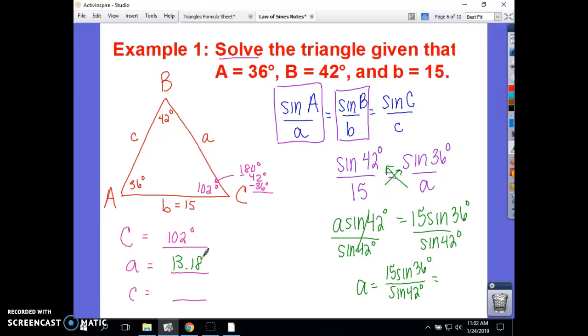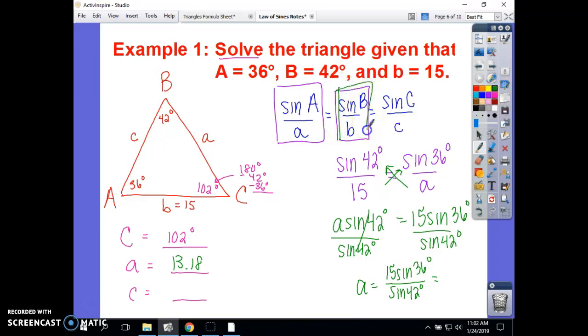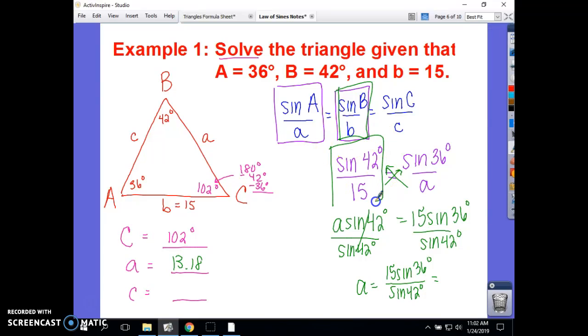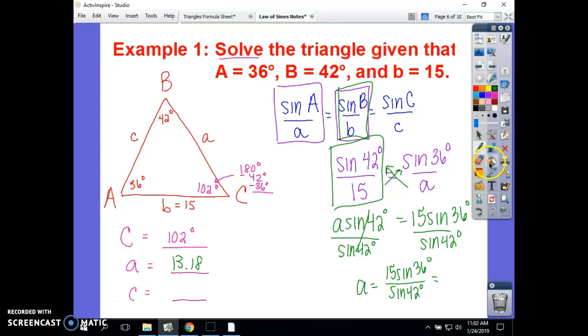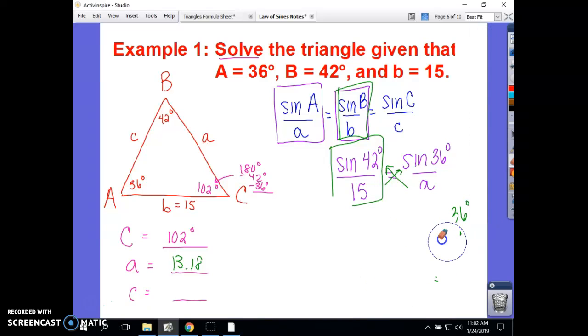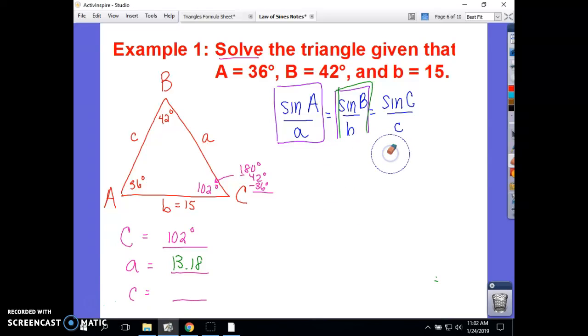Now this original b that we used, sine b over b, is what we're going to use to go back and find little c as well. So here we go. We're going to take all of this, and we're going to do this again, okay?